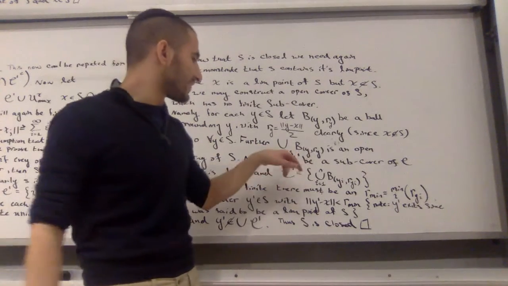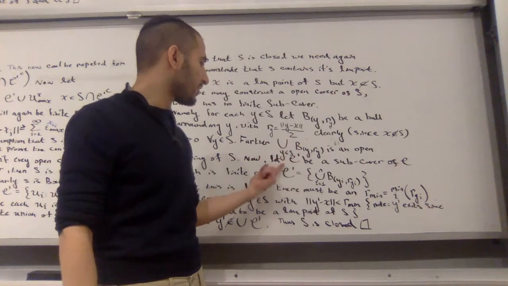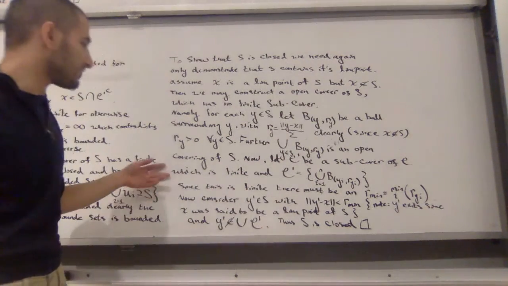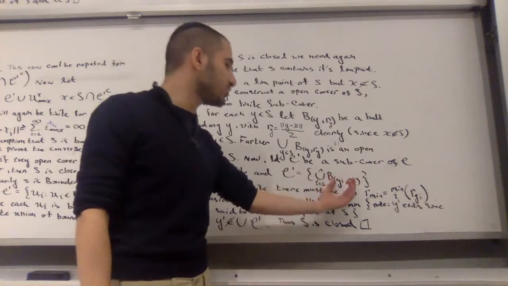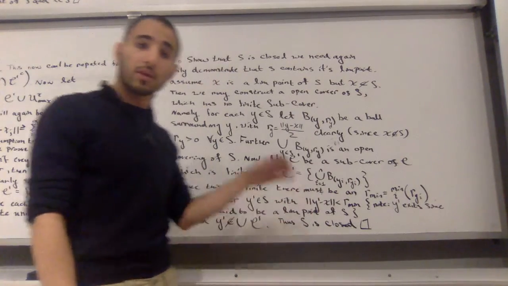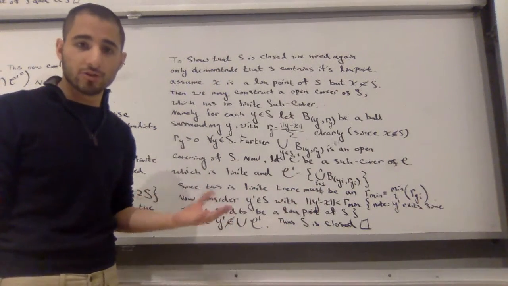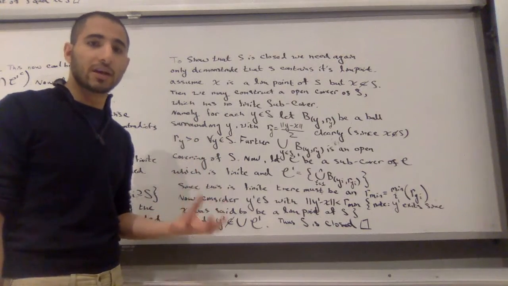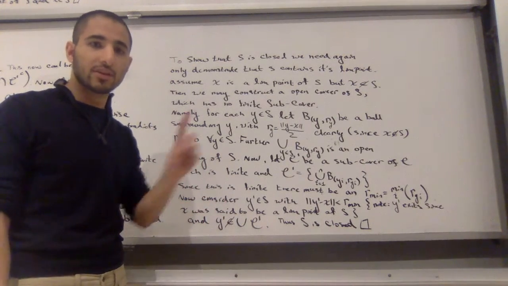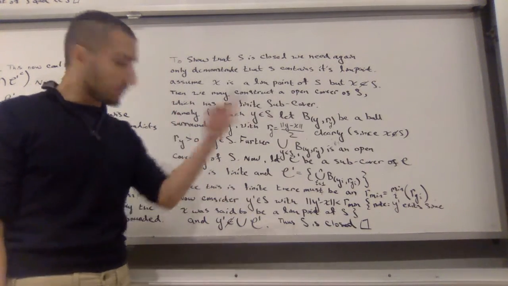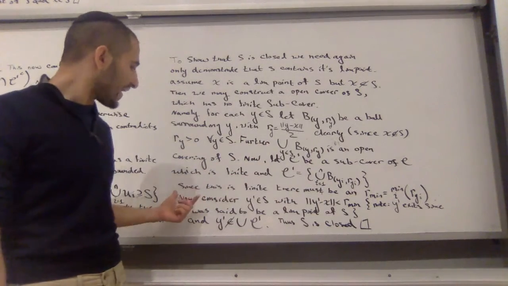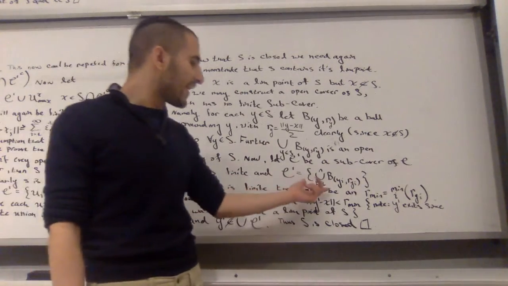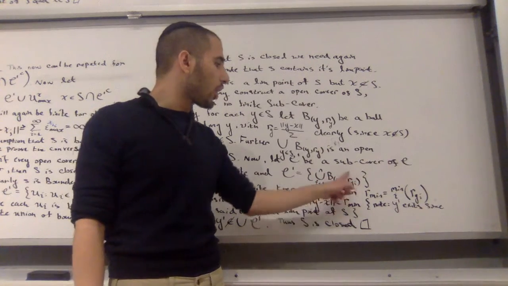Let C be this open cover, and let C' be a subcover of C which is finite, and C' is the union of these balls. We assume, for contradiction, that every open cover has a finite subcover, and yet S is not closed. Well, that means that we can find the subcover of this particular open cover, but then since it's finite, there must be some r_min.